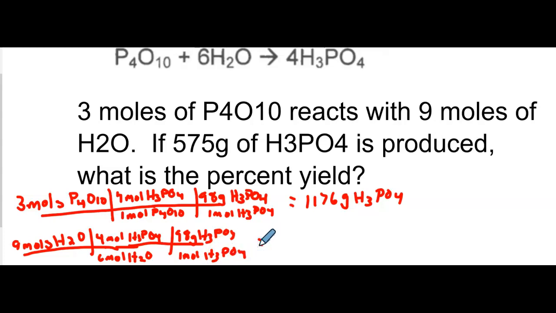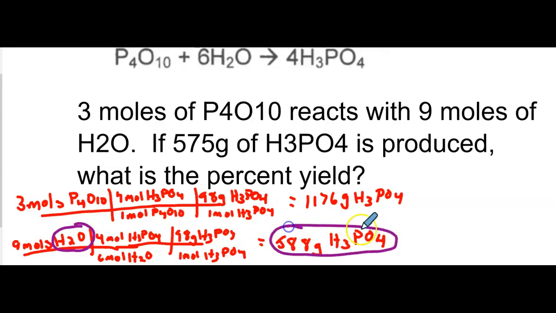And we're going to get 9 times 4 times 98 divided by 6, and this gives us 588 grams of H3PO4. Okay, so what this means is that H2O is our limiting reactant. This is our theoretical yield.